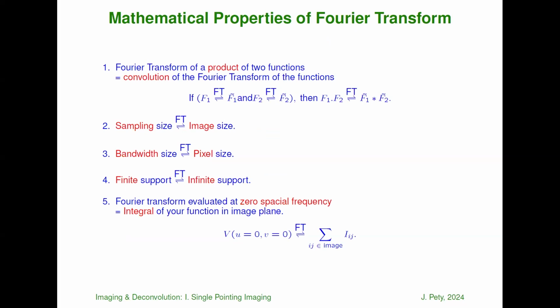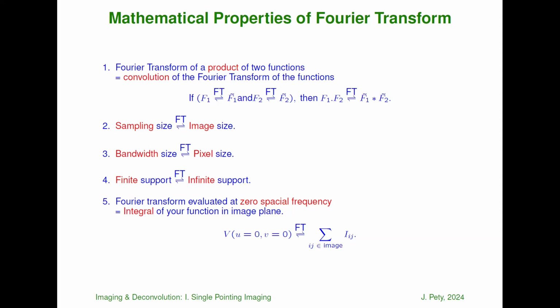Okay, as the UV plane is related to the Fourier plane, I'm starting by making a few reminders about the mathematical properties of the Fourier transform. The first important property that we will use several times is the fact that the Fourier transform of the product of two functions is a convolution of the Fourier transforms of the functions. Let's do it again.